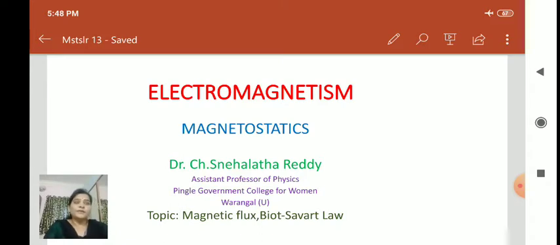Accordingly, we expressed B is equal to mu naught H, where mu naught is the permeability of free space, vacuum or air. Then we discussed what permeability is. Permeability is the physical factor which governs the magnetic lines to conduct through it.